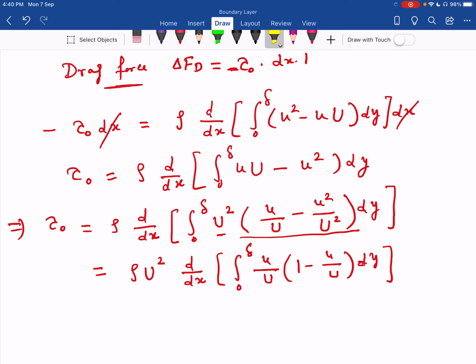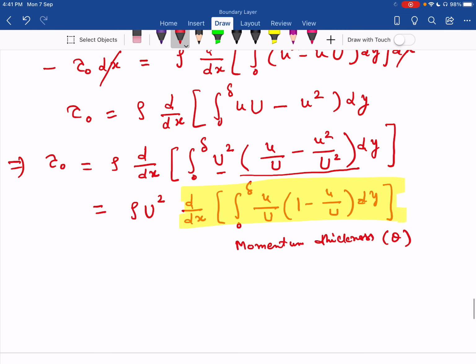Now you can see this term. This term is the momentum thickness, so I can write it as theta.